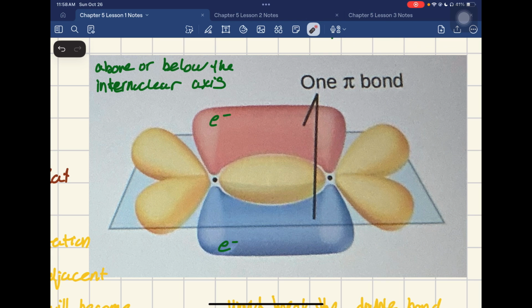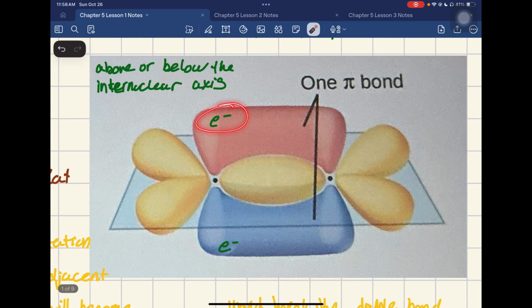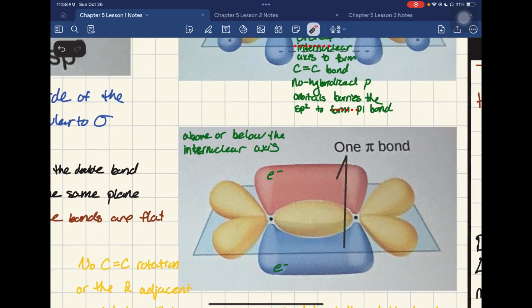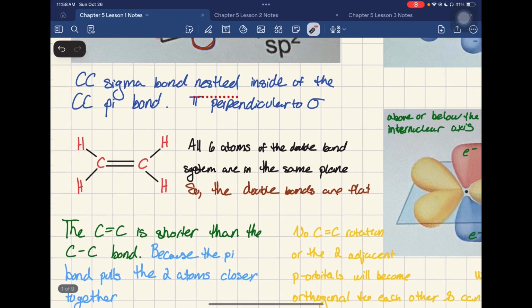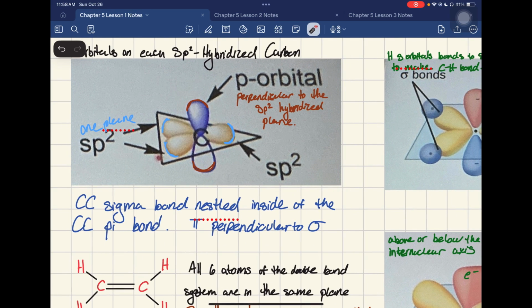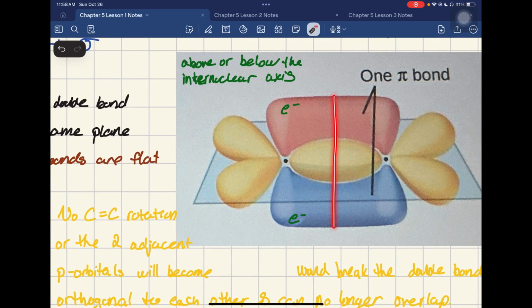As you can see, it's burying the sp2 within itself. And then electron density is going to be found above and below the internuclear axis right here. And that causes that one pi bond to form. Then we look back and we see that the carbon-carbon sigma bond is nestled inside of the carbon-carbon pi bond. The pi bond is perpendicular to the sigma bond. And again, pi bond, sigma bond, right?